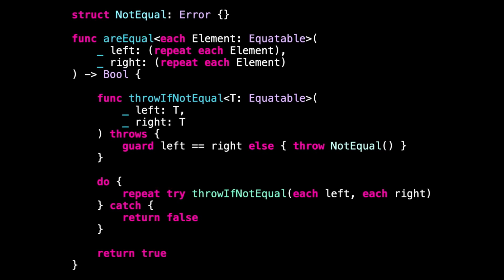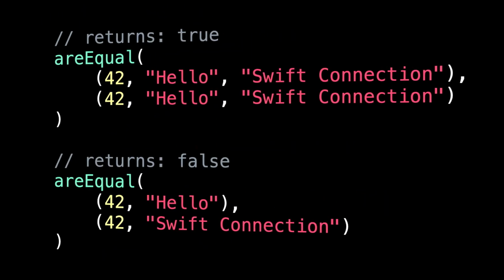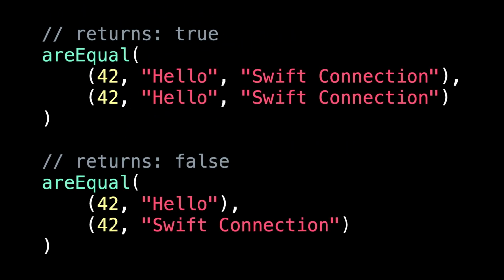And if nothing has thrown, then they were all equal, and you return true. So this is what you do when you don't have a for loop. You write this kind of code. So it's kind of interesting to see, but once again, this is, to my knowledge, the best approach we have today. But with this code, you can write this kind of nice helper, which could honestly be pretty useful to make, for instance, testing code have a little less boilerplate.